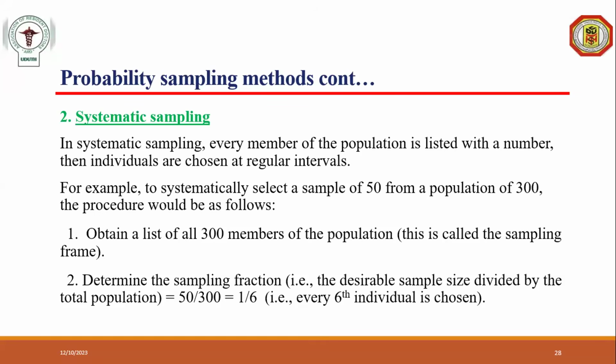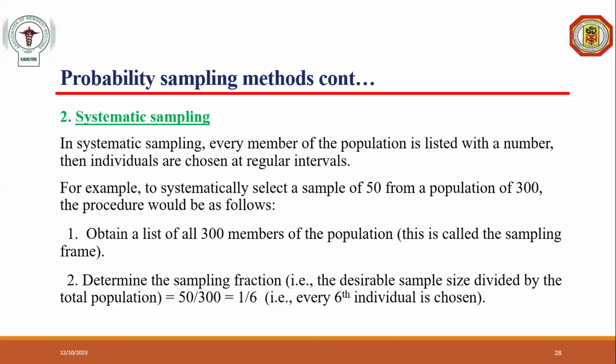For this sampling frame, you have to have the list of every member of that population, all the patients in that clinic, listed from number 1 to number 100.